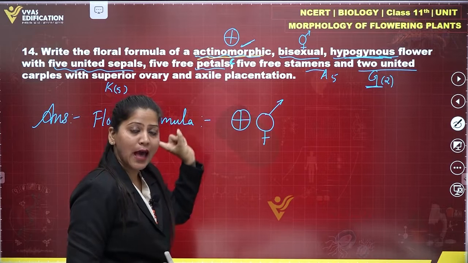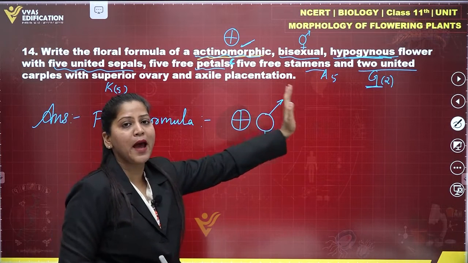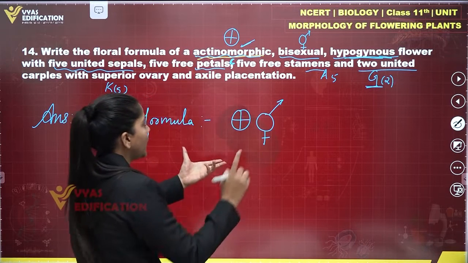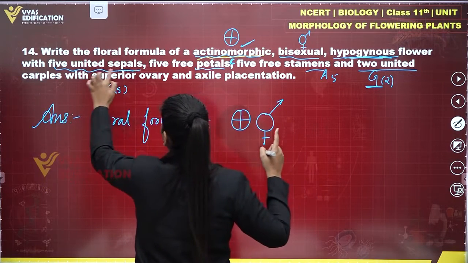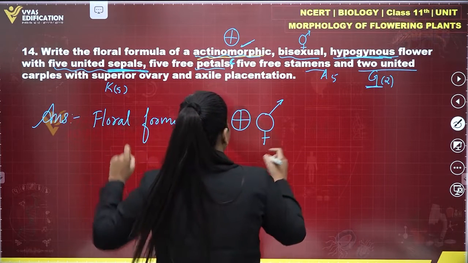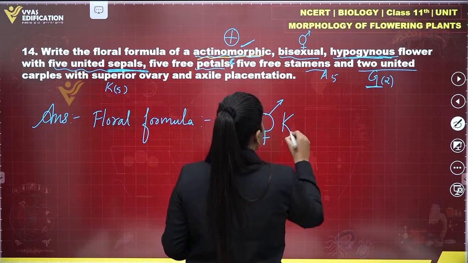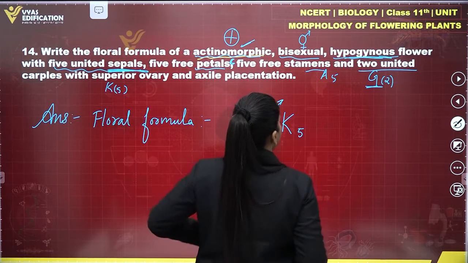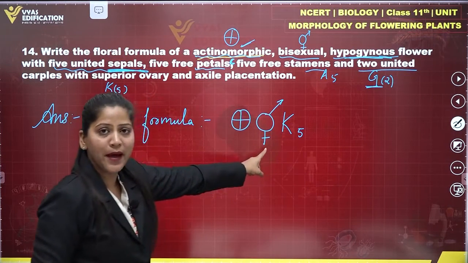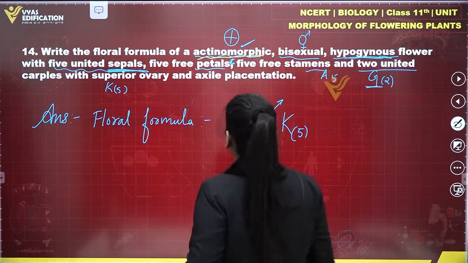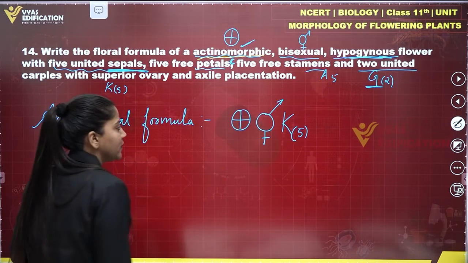We'll take calyx, corolla, androecium, and then we'll talk about the gynoecium in a floral formula. So let's talk first of all about the sepal. Sepal is represented as capital K. So we have capital K, which is 5 in number. Calyx or sepals are 5 in number, which are united, so we'll make a bracket over this 5.